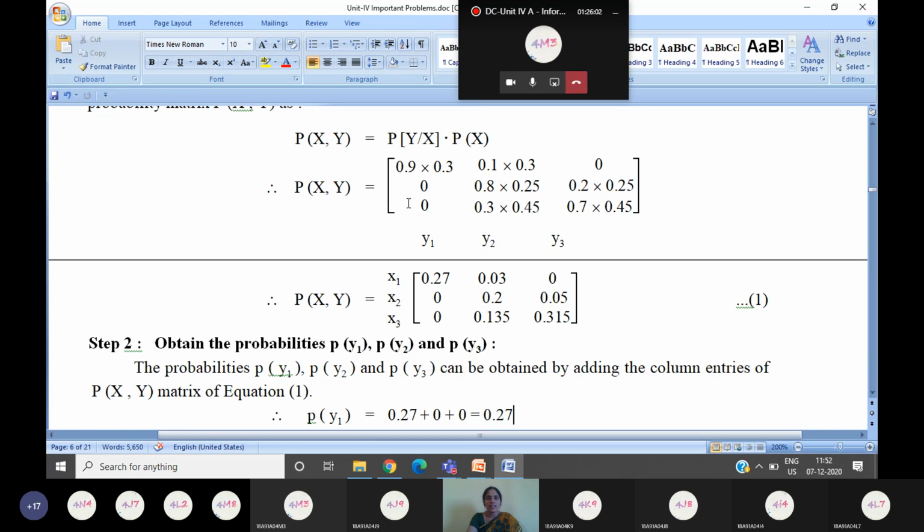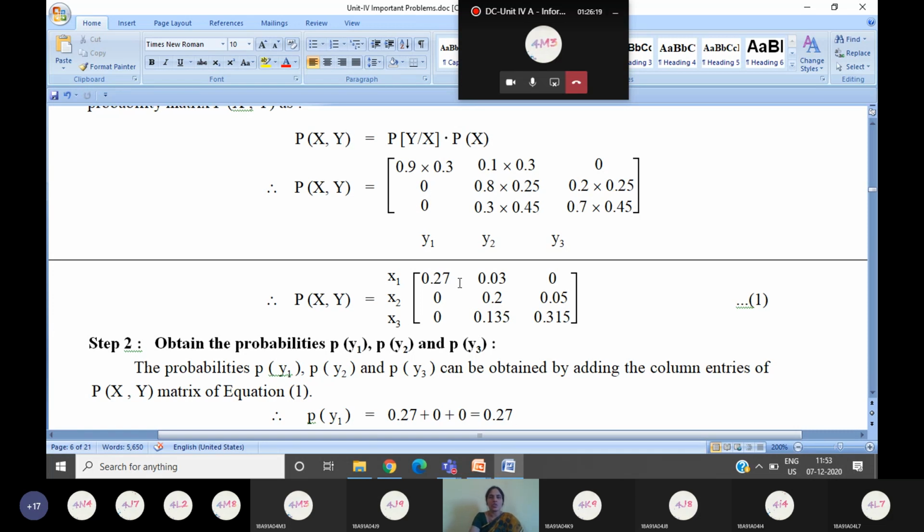Okay. Next, third row 0. Next, the second element of the third row, that is 0.3 into 0.45, which gives us 0.135. Next, 0.7 into 0.45, that is 0.315.